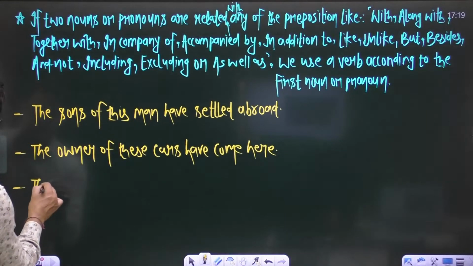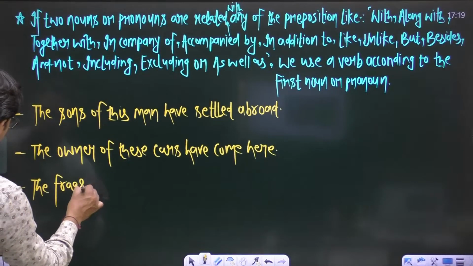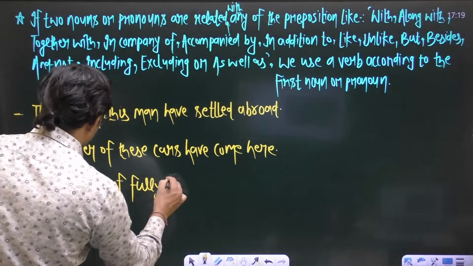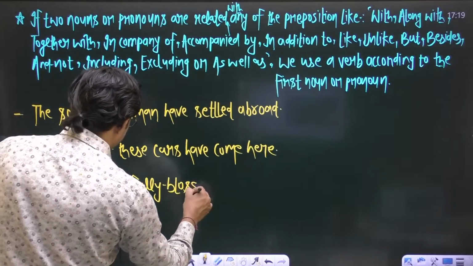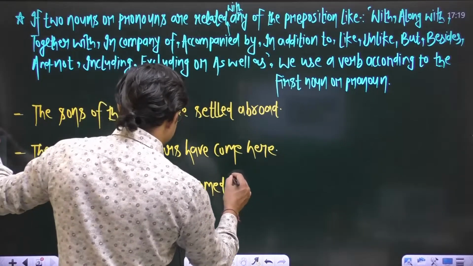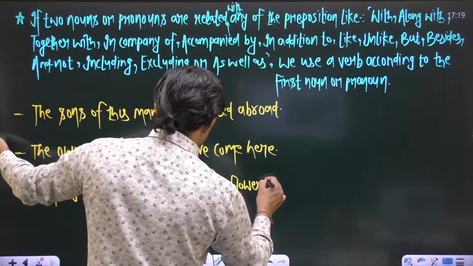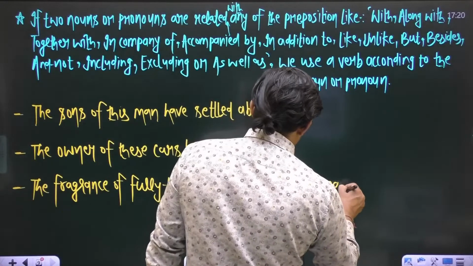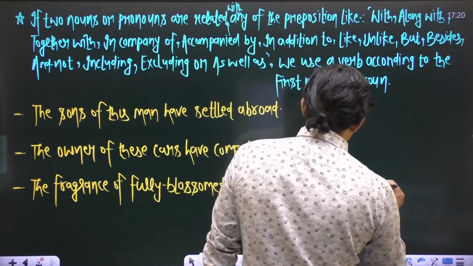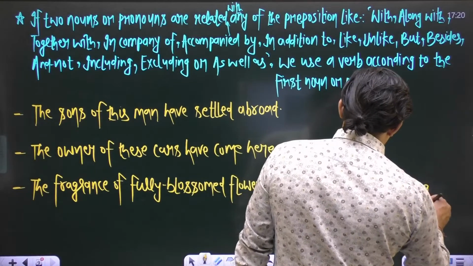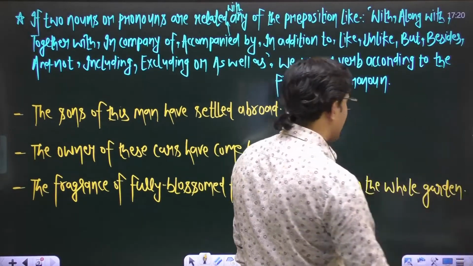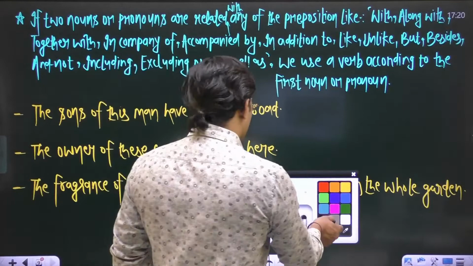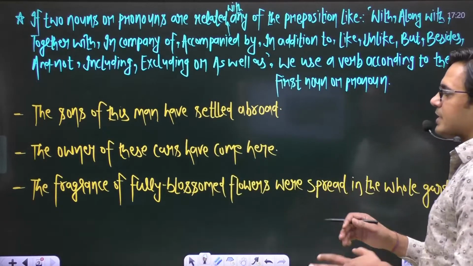Third sentence is: the fragrance of fully blossomed flowers were spread in the whole garden. The fragrance of fully blossomed flowers were spread in the whole garden. Okay, these are three different sentences. You know what the concept is in all these three sentences?